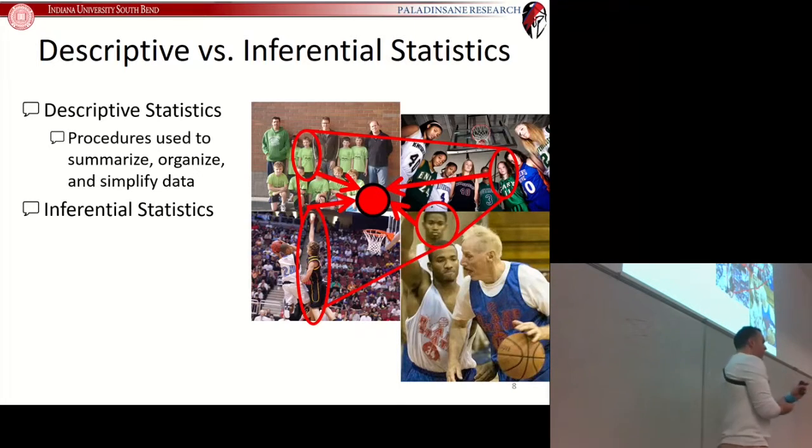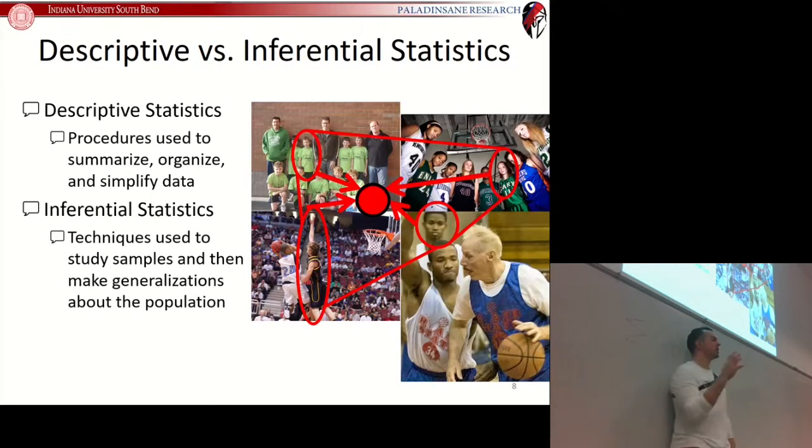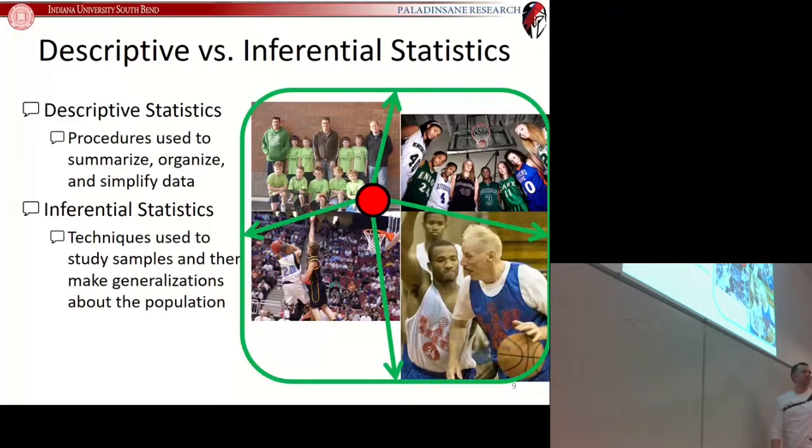And this is where the true power of statistics lies. This is why we do statistics as psychologists. Inferential statistics are techniques that we use to study samples and then make predictions about populations. So an inferential statistic procedure is what would allow us to take a look at the sample of basketball players that we studied, and be able to generalize about all basketball players, be able to make statements like basketball players in general will experience these mental challenges.